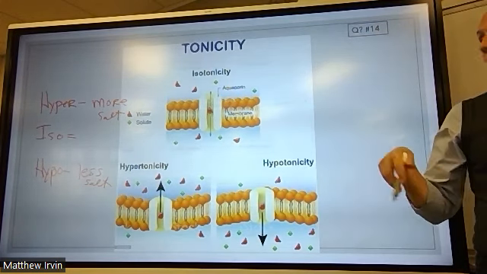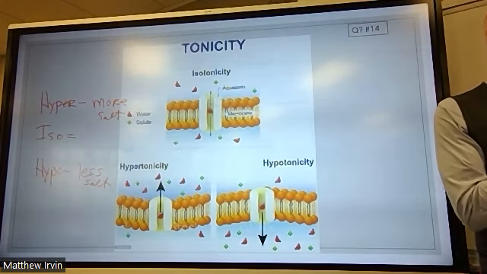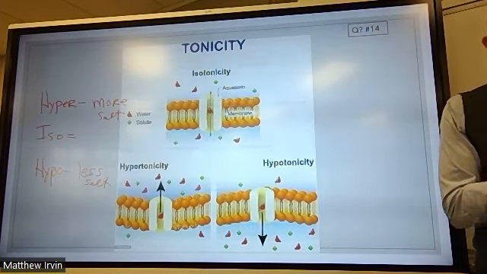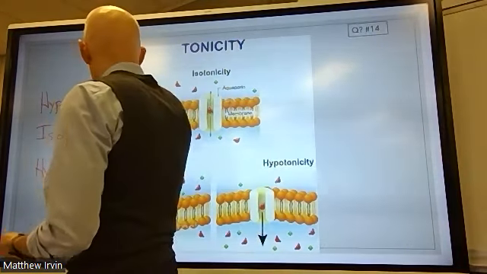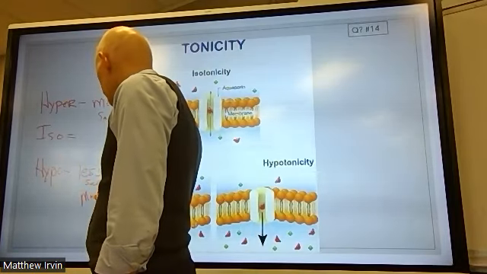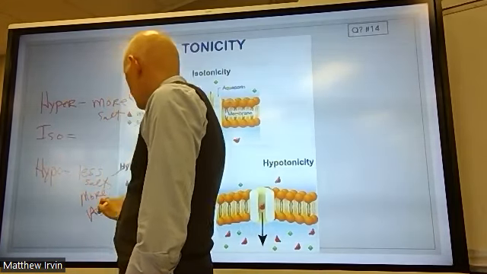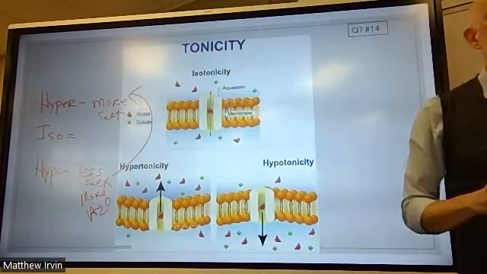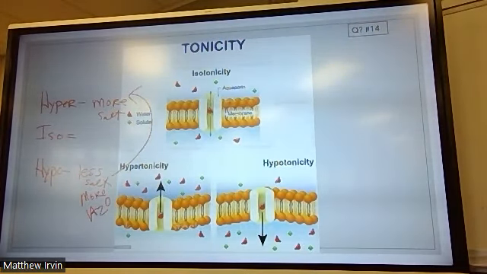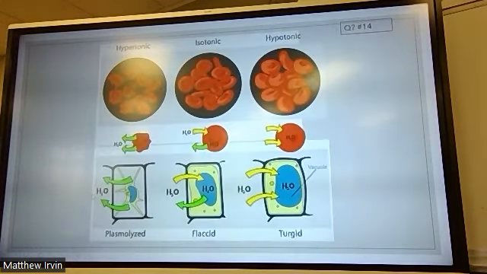So how is the water going to flow, from hyper to hypo or hypo to hyper? Hypo to hyper, because less salt means more water. Water follows to where there's more salt. And so, of course, it's going to change. If you are an animal cell, what do you want? You want isotonic, because your membranes are not going to be able to support a hypotonic environment because it will explode.